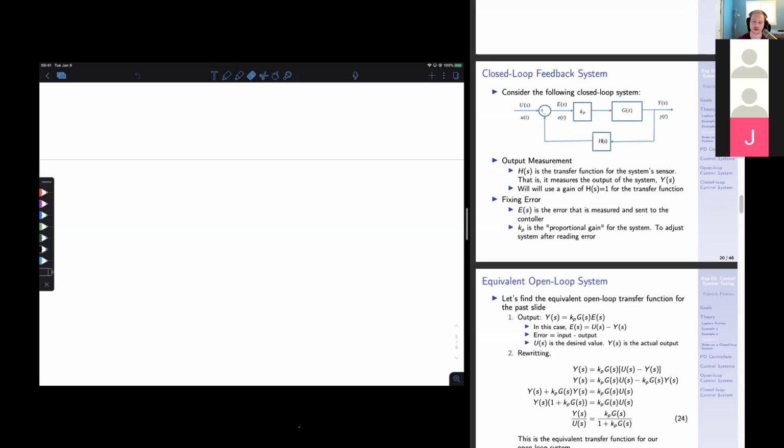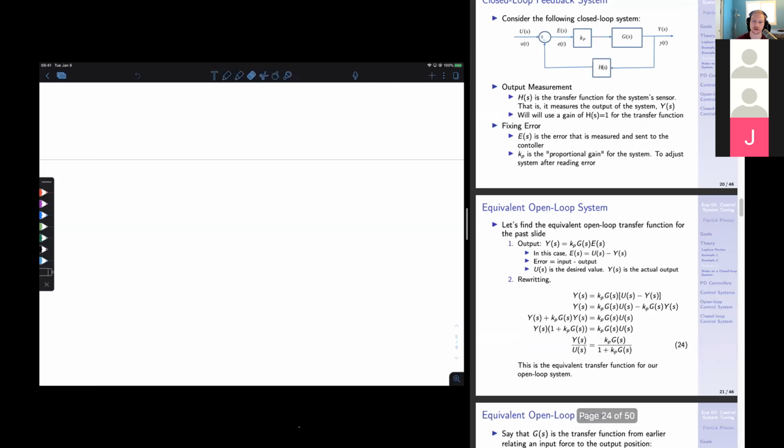In this lab, we're just going to use a PD controller, not a PID controller. A PID controller would be more accurate, but not by too much for what we're doing.